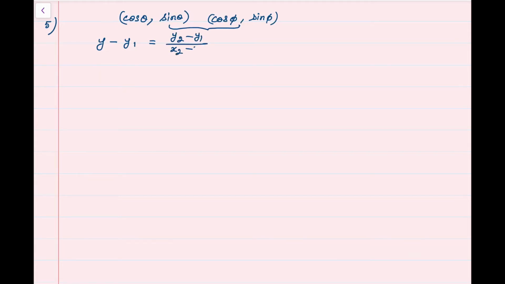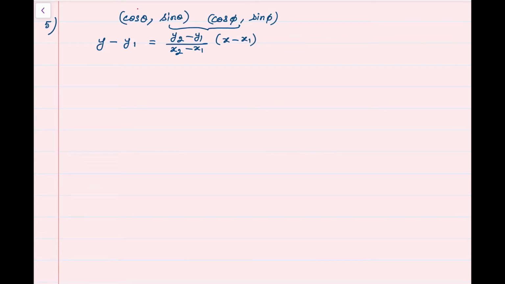Question number 5. Find the perpendicular distance from the origin to the line joining the points cos theta, sin theta, and cos phi, sin phi. Let us first find the equation of the straight line joining these 2 points using 2-point form. The formula is y minus y1 is equal to y2 minus y1 divided by x2 minus x1 times x minus x1.